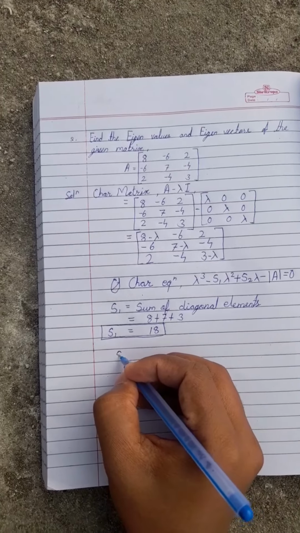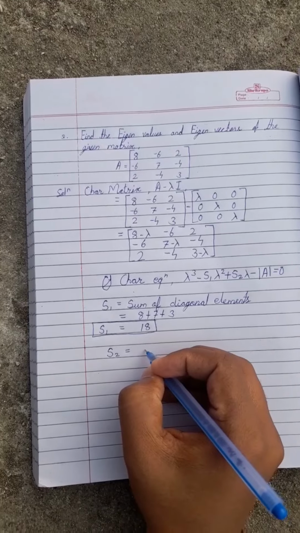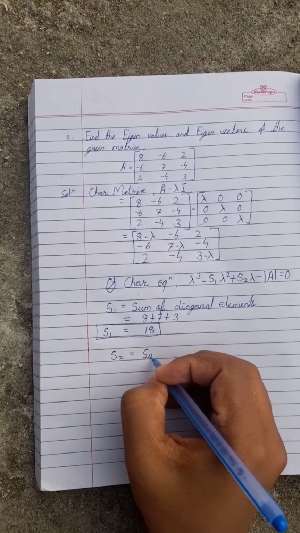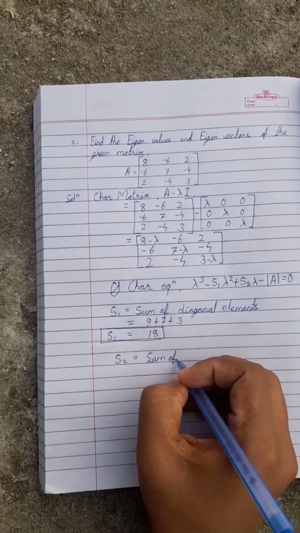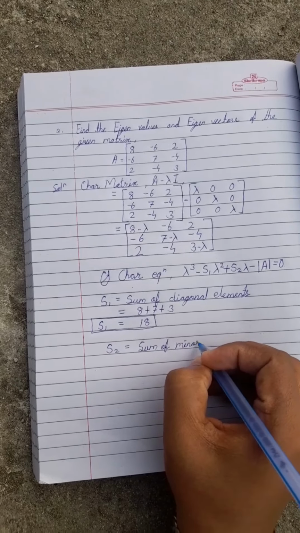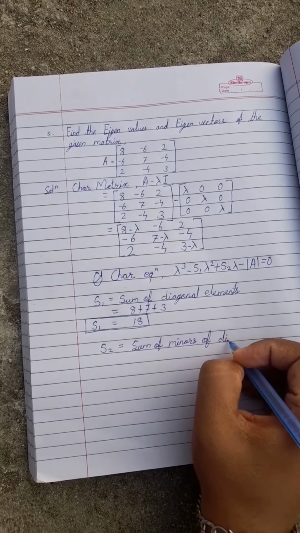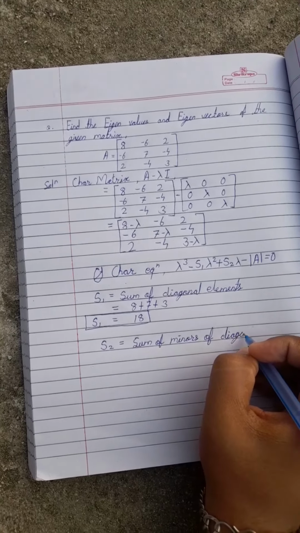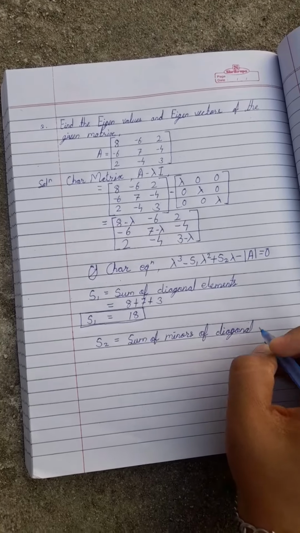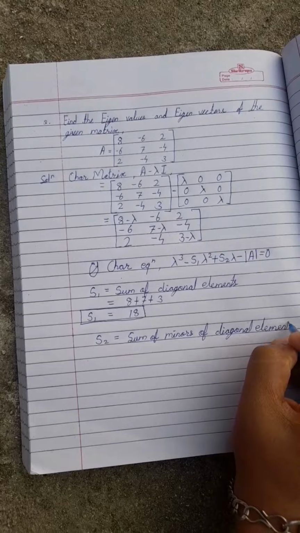Now S2. S2 is the sum of minors of diagonal elements.